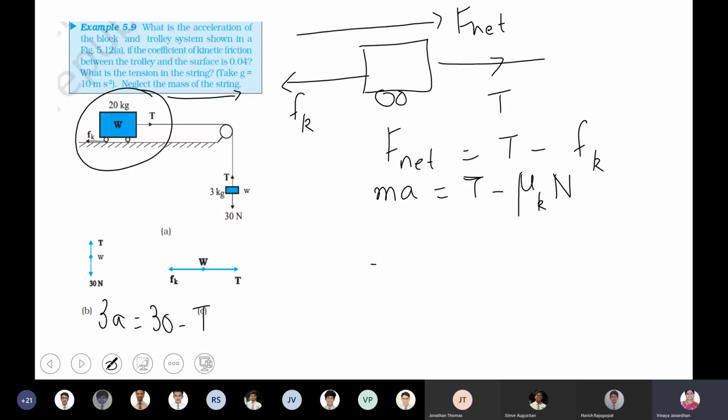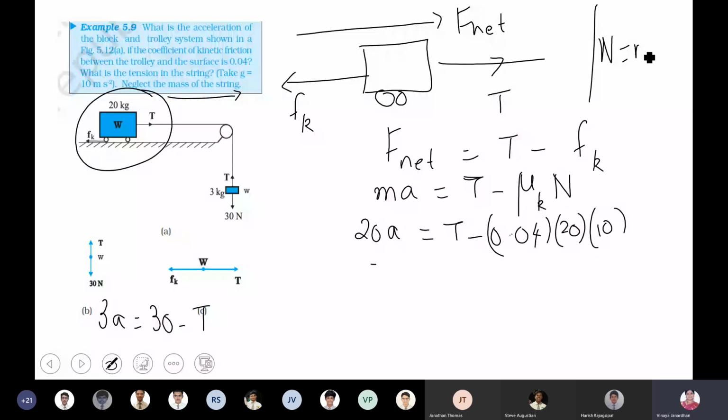Now M is 20, mass into acceleration must be equal to T minus coefficient of friction, which is 0.04, into normal reaction. Mass of the trolley is 20, so 200, taking g as 10. N is equal to M into G. This is the general formula.